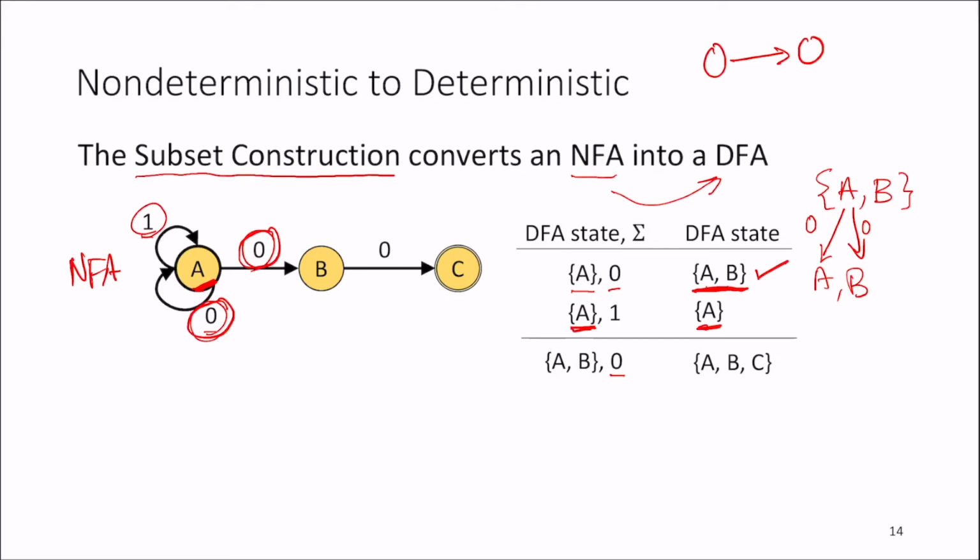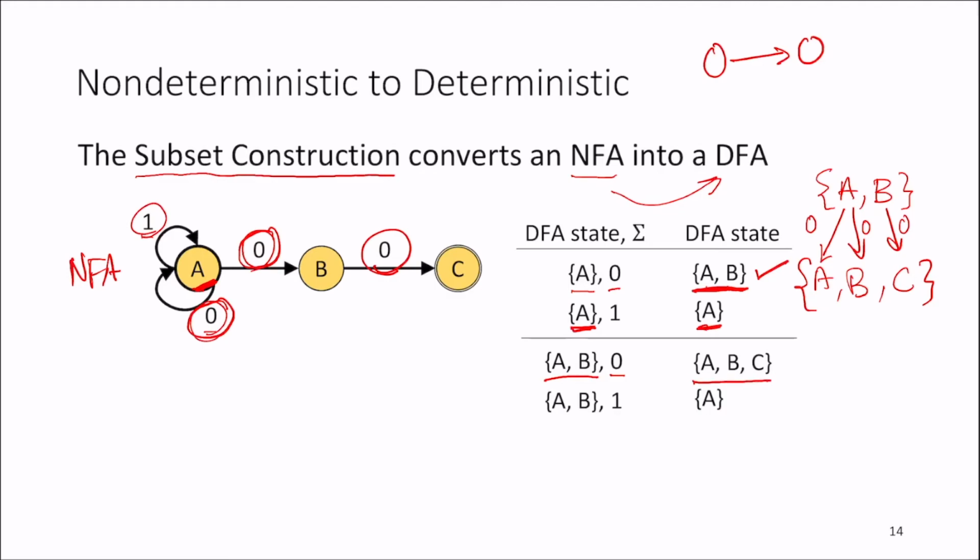It can end up in A or B. And if I'm at B, I would take this transition on 0 and end up at C. So now I'm in a set of states which is A or B or C. So if I'm starting from either A or B, I can end up in A, B, or C.